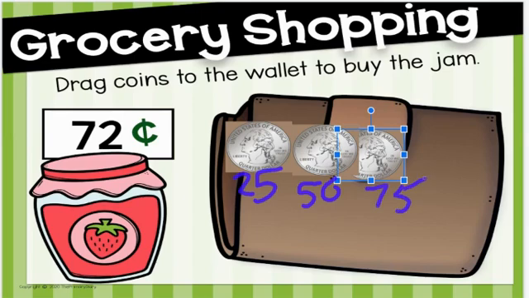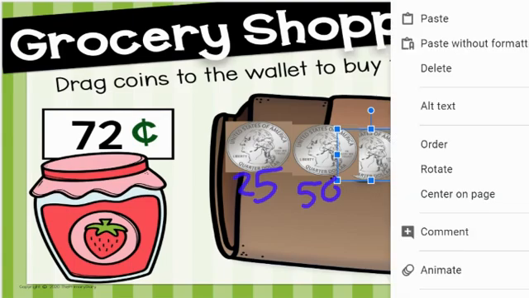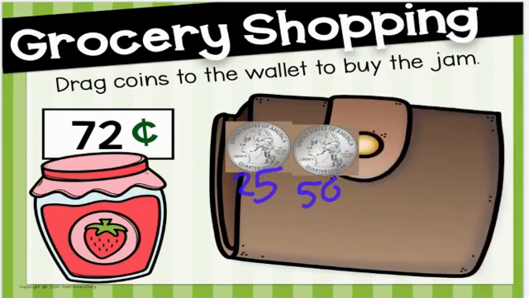75 cents. Uh-oh, something doesn't look right there because my jam only costs 72 cents. So we don't need a third quarter. So let's get rid of that quarter. Bye-bye, quarter. All right, so now we have our 50 cents. Let's start adding in dimes. So if I do one dime, that's 10. That'll take me to 60. We got to keep going.